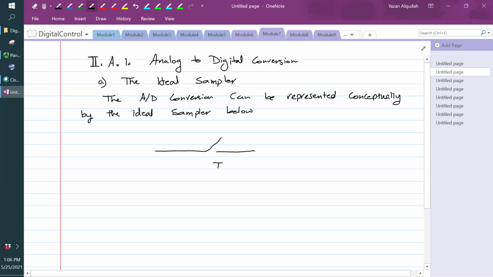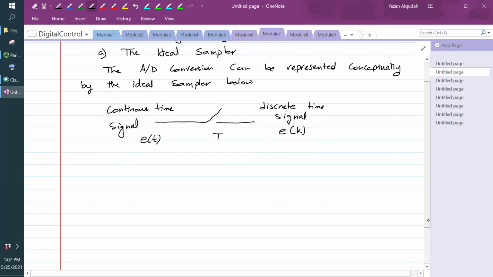So on the left side, I have the continuous time signal. Let's say we have a signal that is E of t from the previous block diagram. I'm going to be sampling this continuous time signal E of t every T seconds to generate a discrete time signal that we call E of k, and k is equal to 0, 1, 2, 3, 4, all the way to infinity.